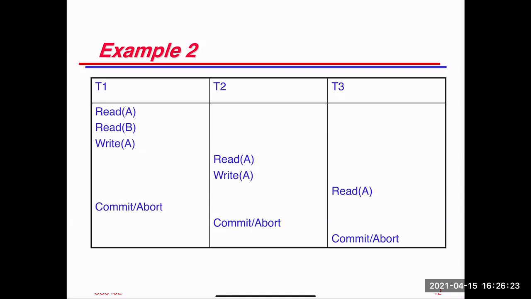So here we have another schedule now with 3 transactions. And again, I'm asking if this schedule is recoverable, and also there are some sub-questions involved here. Again, this could either be a commit or abort, and similarly here. So just keep in mind that in an actual schedule, you either have a commit or an abort, so you can't just write commit/abort, because then it's not really a schedule.